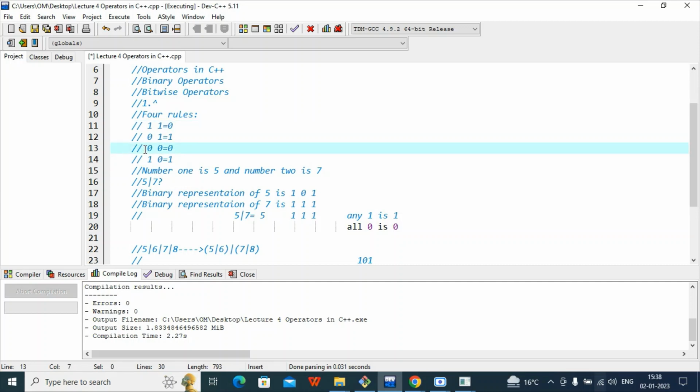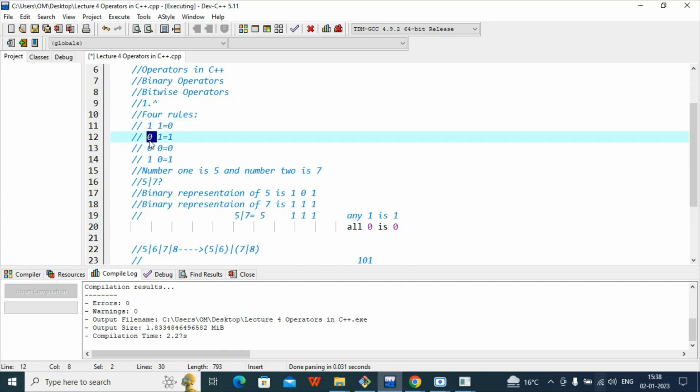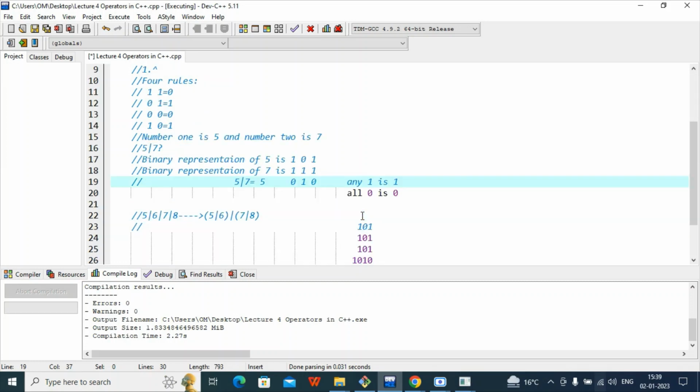But when both bits are different, either 0 1 or 1 0, it will give you 1. Like here you can see in the example of the binary representation of 5 and 7, both are 1, then the XOR operator will give you 0. When one is 0 and the other is 1, it will give you 1. When both are again 1, it will give you 0. Both should be different, right?